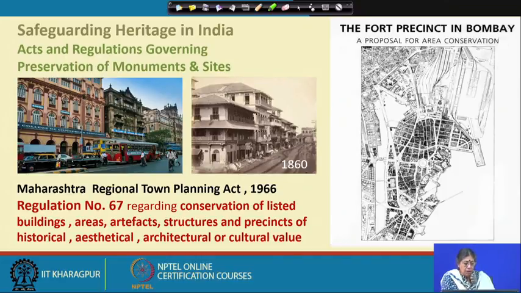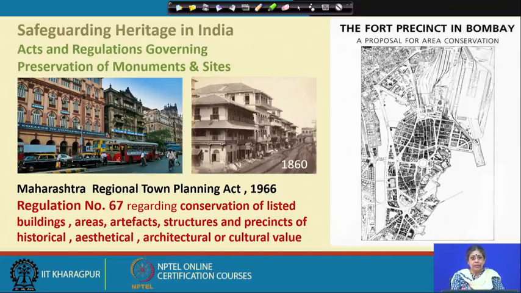It was under the Maharashtra Regional Town Planning Act 1966, a special regulation, Regulation 67, that has been promulgated regarding conservation of listed buildings, areas, artifacts, structures and precincts of historical, aesthetic, architectural or cultural value. So, this regulation becomes a statutory part of the Act.